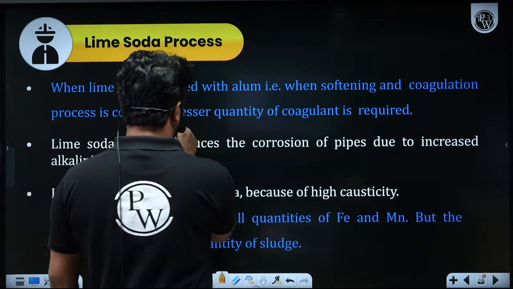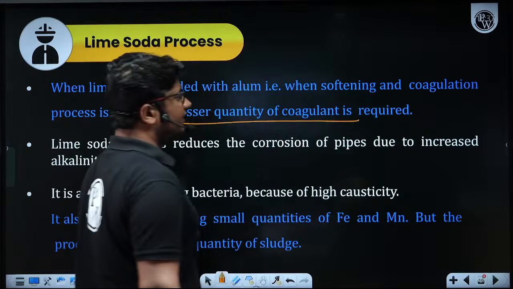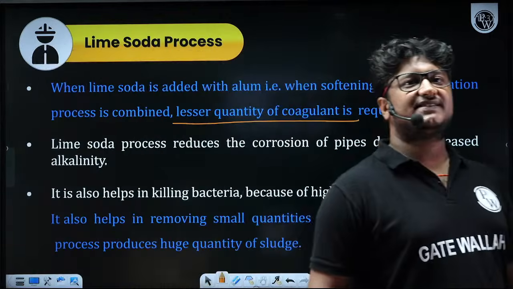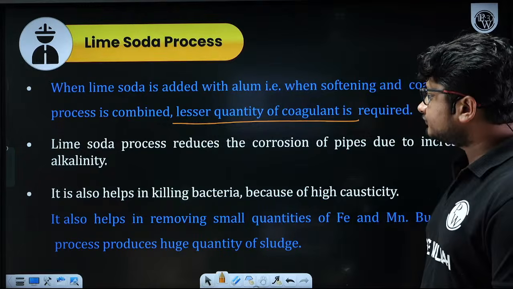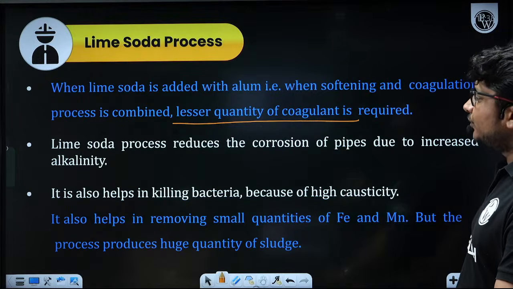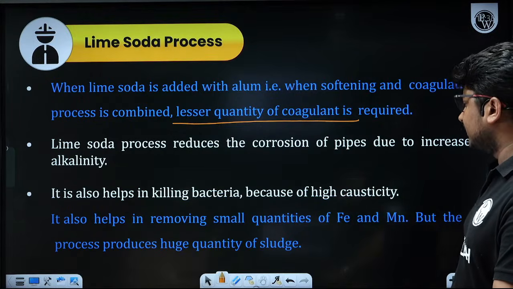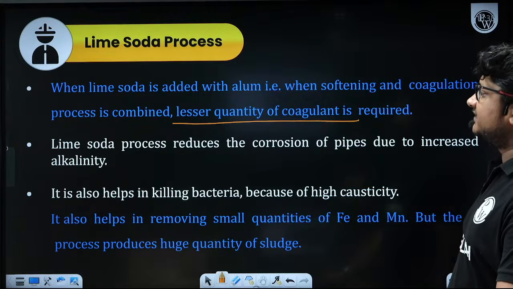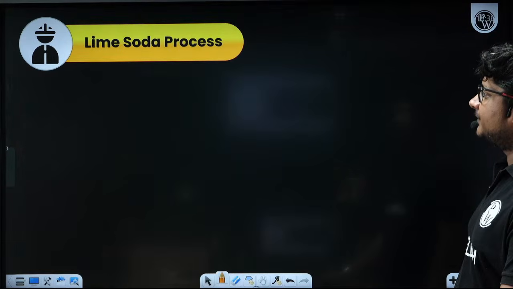This is again a very good property: if you combine softening and coagulation, you need a lesser coagulant dose. The lime soda process also reduces the corrosion of pipes due to increased alkalinity. This is something we have already discussed, so no need to repeat it again.